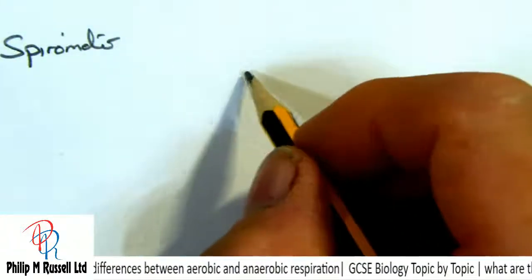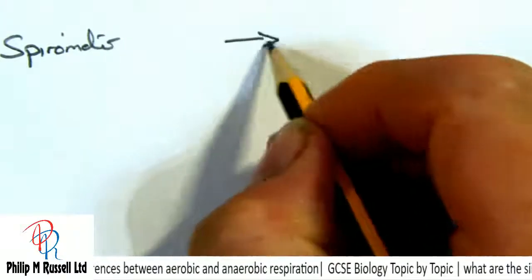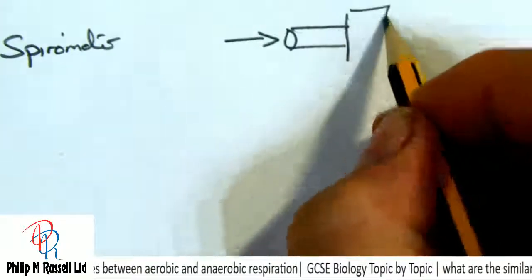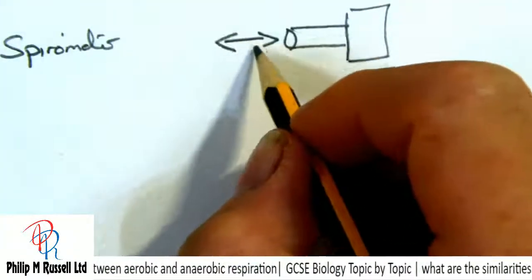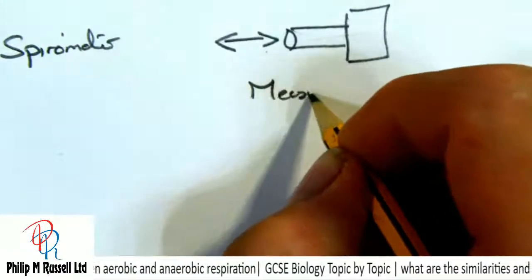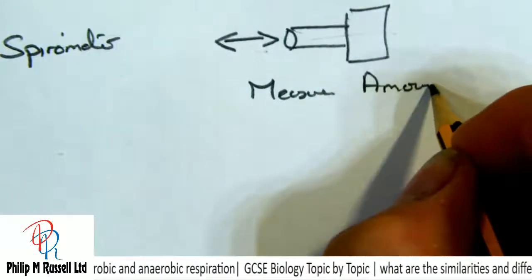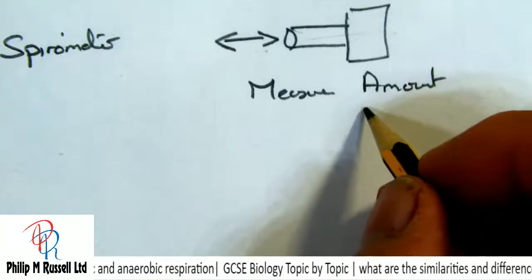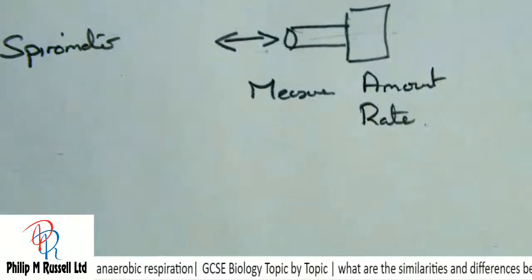There are a variety of different types, but basically you breathe into a machine and you breathe out, and it can simply measure the amount that you breathe and also the rate at which you breathe.